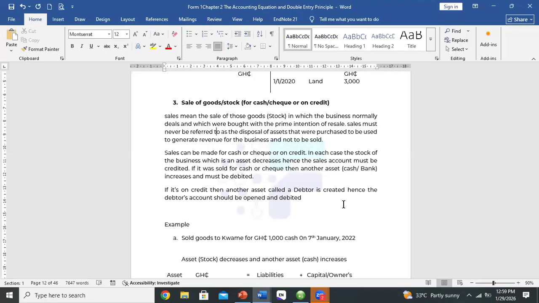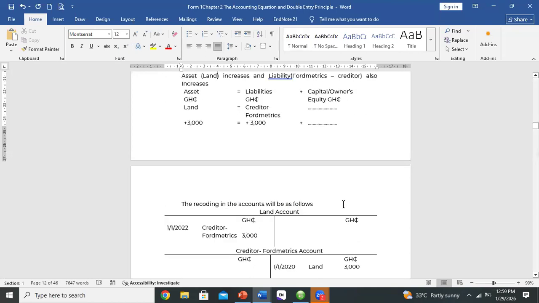Okay. So point 2, acquisition of an asset. The example that I gave over there: bought furniture and fittings by cheque, 2,000.